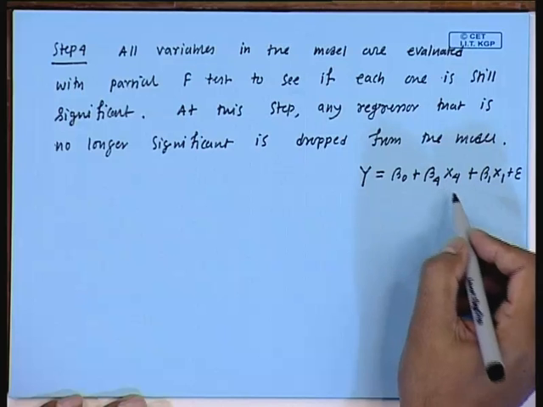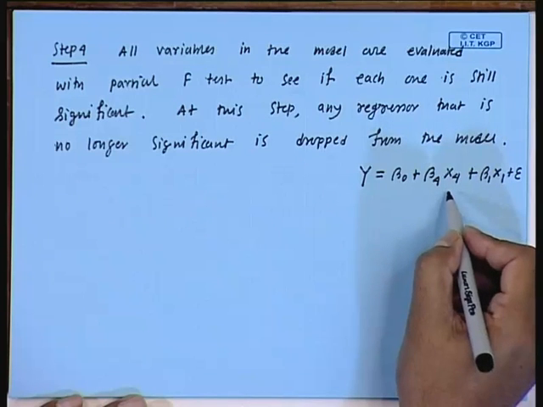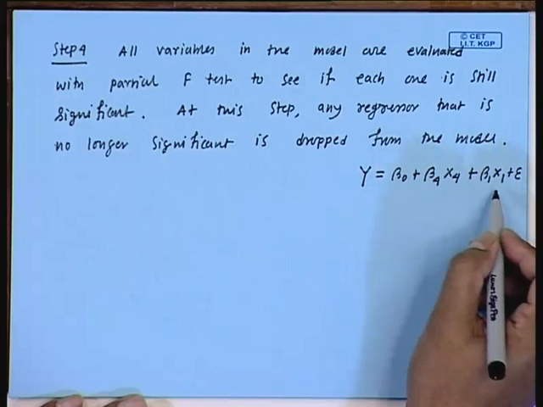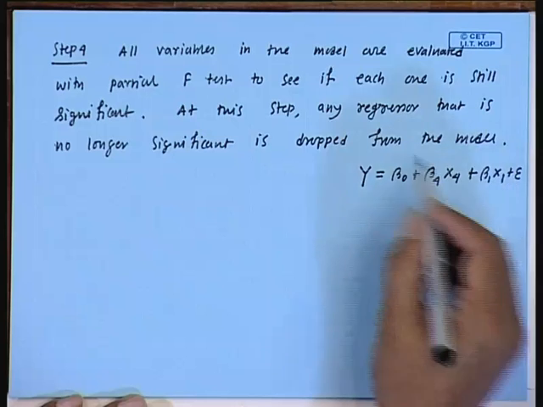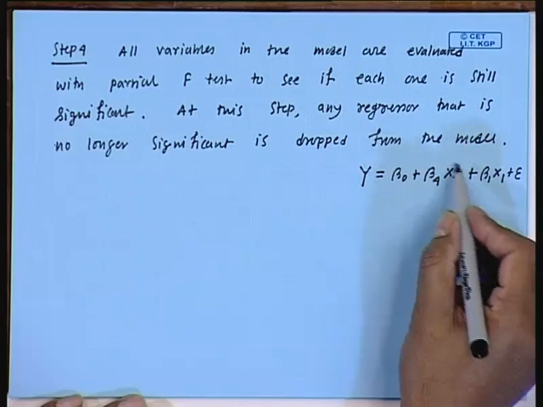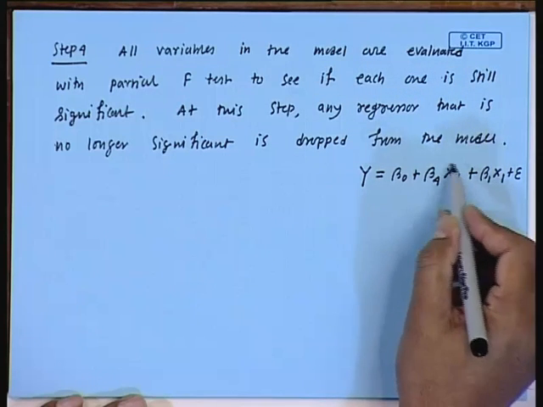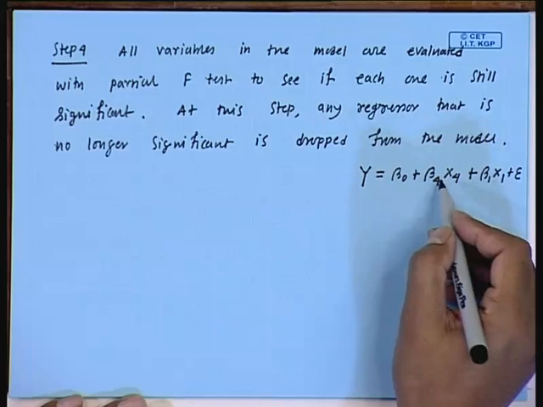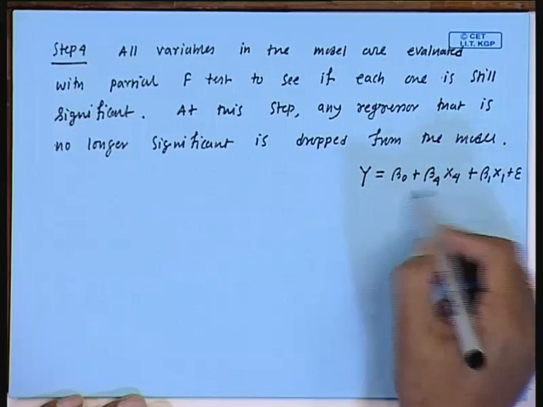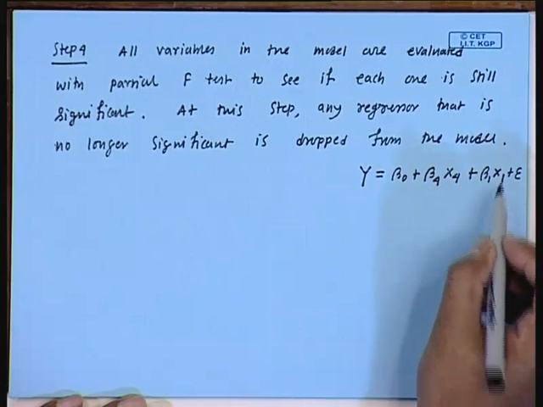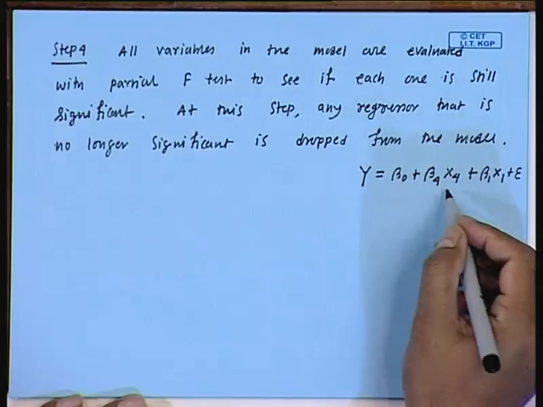Now, we need to check whether x4 is significant in the presence of x1. So, this is the difference. It might be the case that x4 was significant alone at the first step, but in the presence of x1, x4 might not be significant.